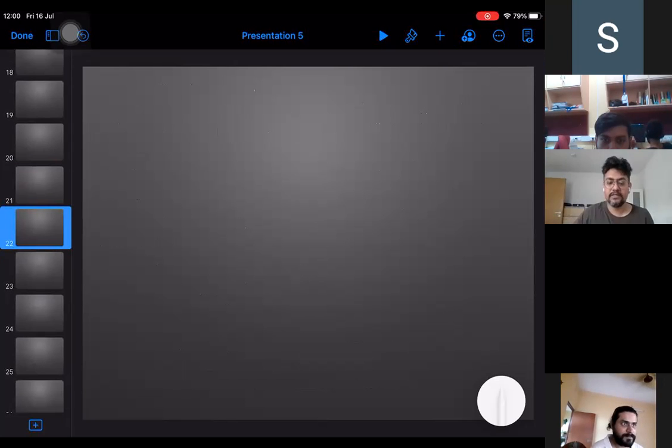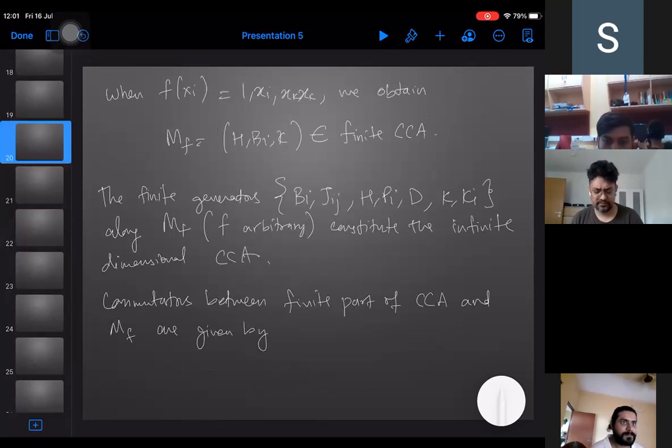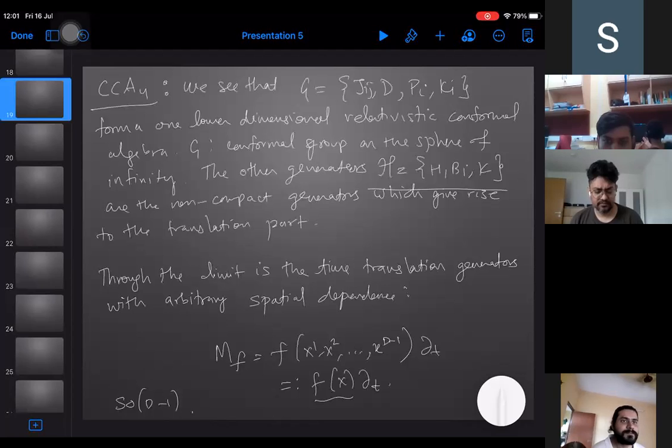Hi, yes. Just to understand: this CCA4 you are saying is the algebra that you get when you have asymptotically flat 4-dimensional Minkowski space. Is that correct? Yeah, BMS 5. Okay, I see.